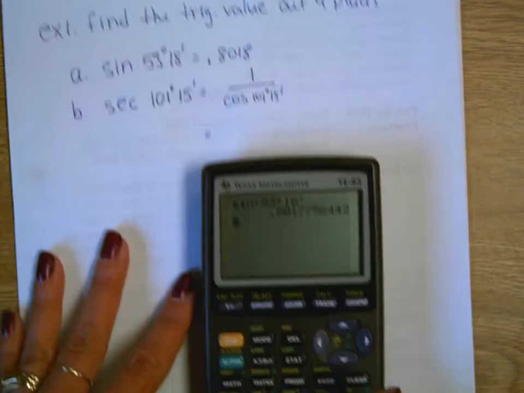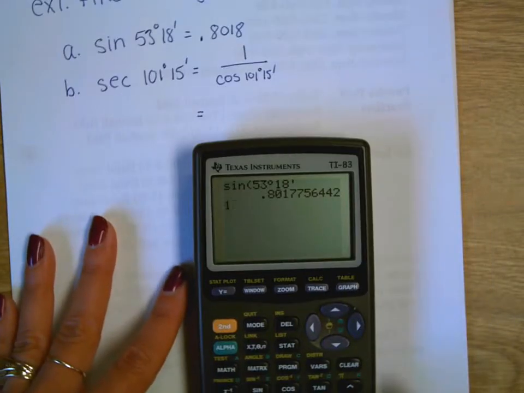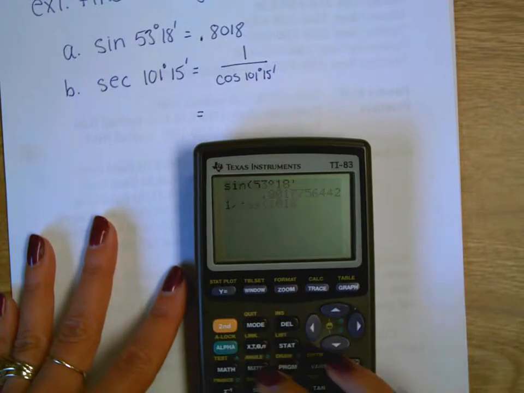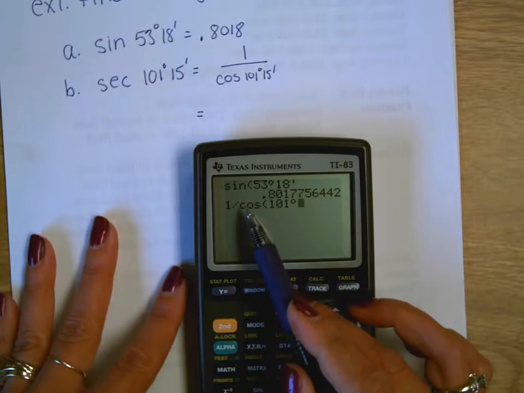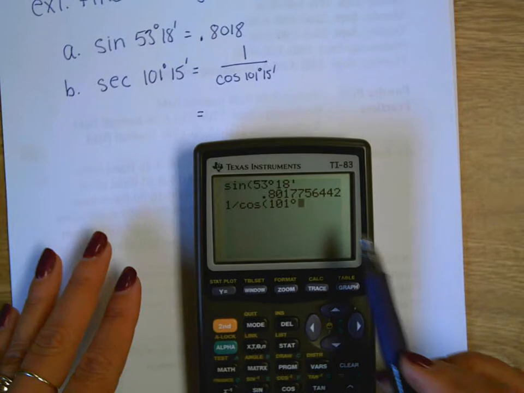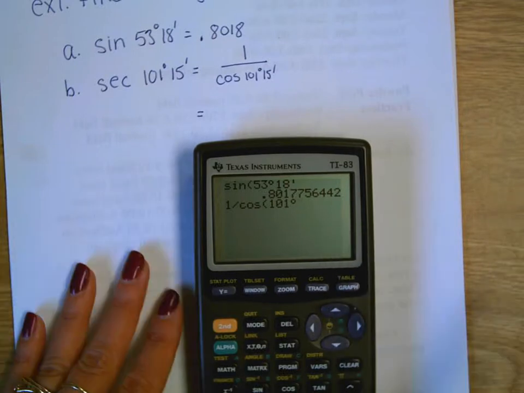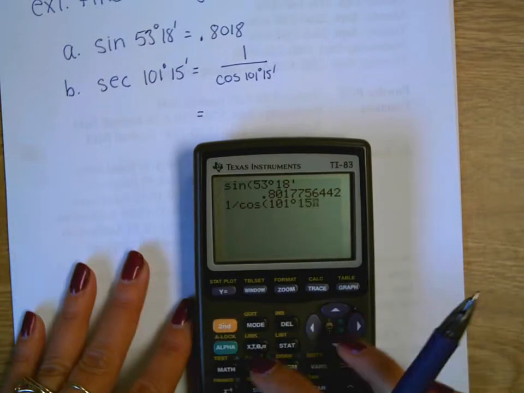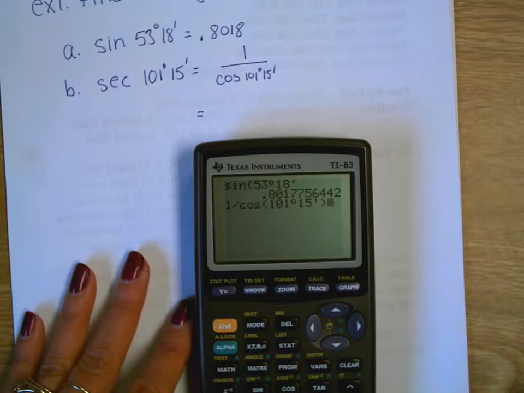Now I just type in what I wrote down: 1 divided by the cosine of 101 degrees. I don't need parentheses, because there's only one thing down here, just that cosine value. If you put them in, it's not wrong.